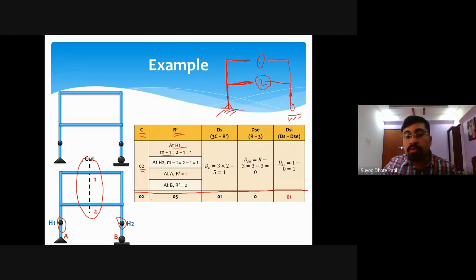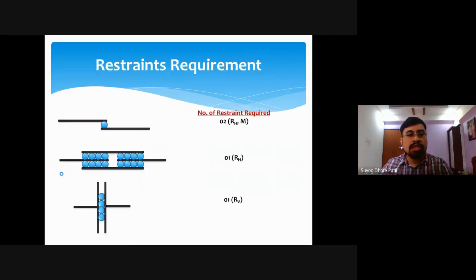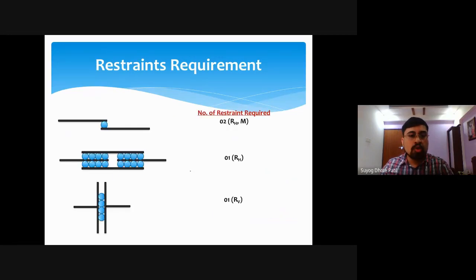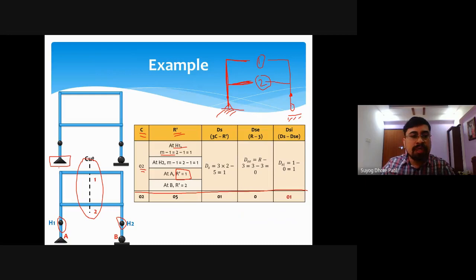Now how is r dash required 1 at A? See, r dash at A: this is the hinge support we have. In the previous slide we have seen r dash is equal to r fixed support minus r actual support. Our aim is to make it fixed.